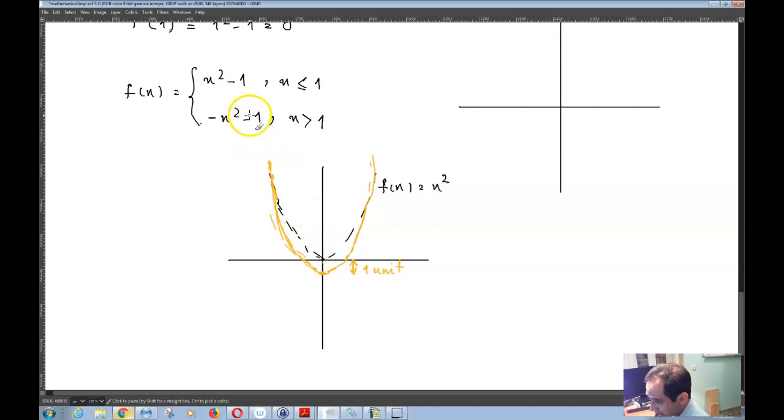So this is about x squared. This function over here is f of x is equal to x squared minus 1.